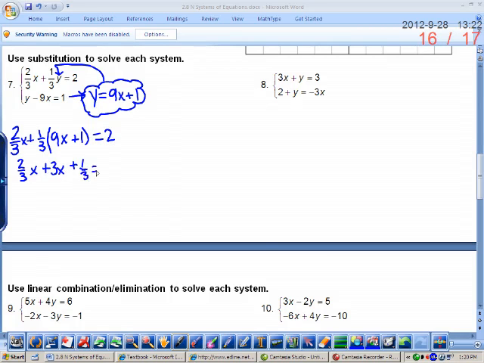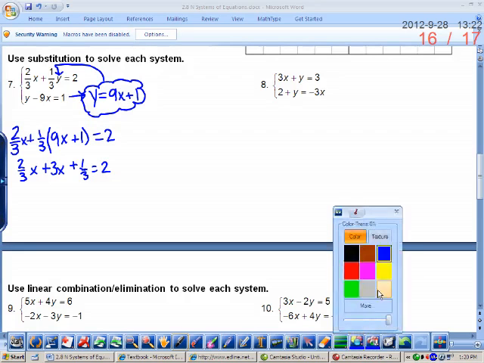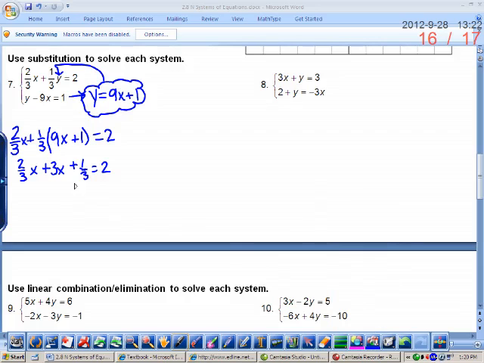Plus 1/3 equals 2. Okay, how could I think of 3x as a thirds? No, I need to be able to add it to 2/3. 9/3. So 2/3 x plus 9/3 x, 11/3 x equals, I got to subtract 1/3 from both sides. Could I think of 2 as 6/3?